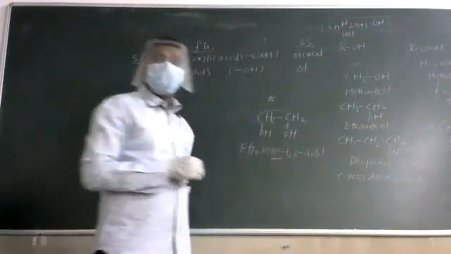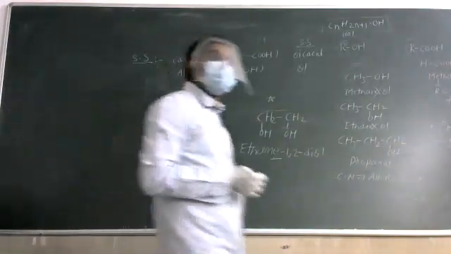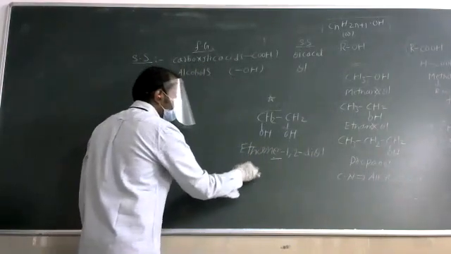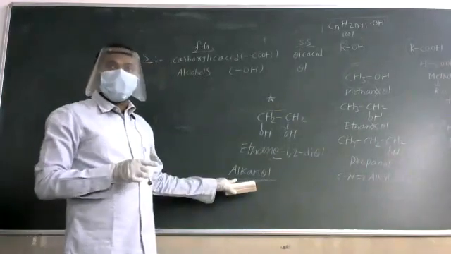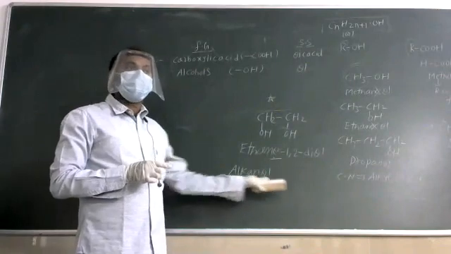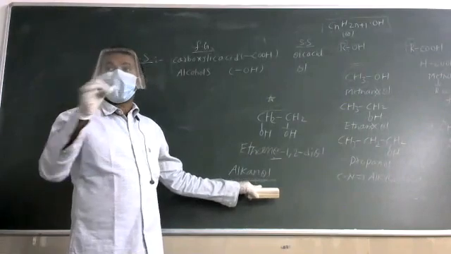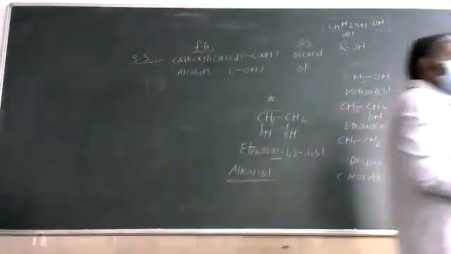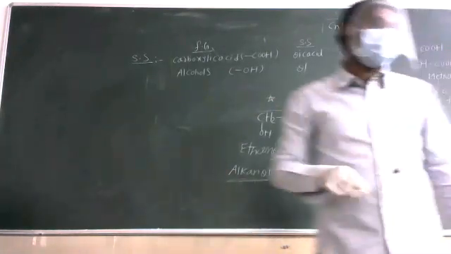CnH2n+1 into OH. So the alcohol IUPAC name is similar to alkanol, meaning methanol, ethanol, propanol, butanol, pentanol. What is the common name of alcohols? Alkyl alcohols.